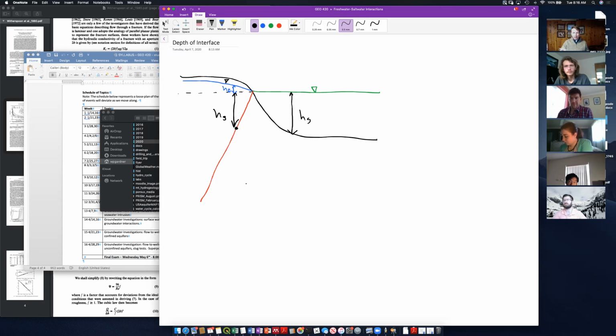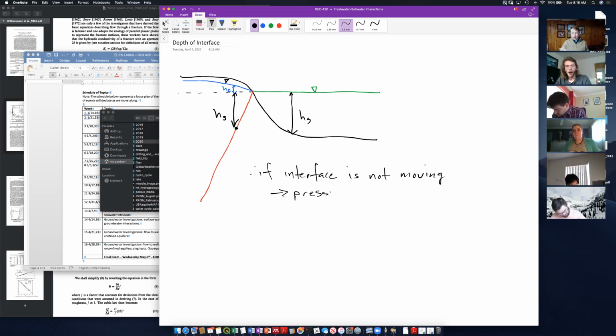So if my interface is not moving, my pressure heads on either side of the interface must be equal.